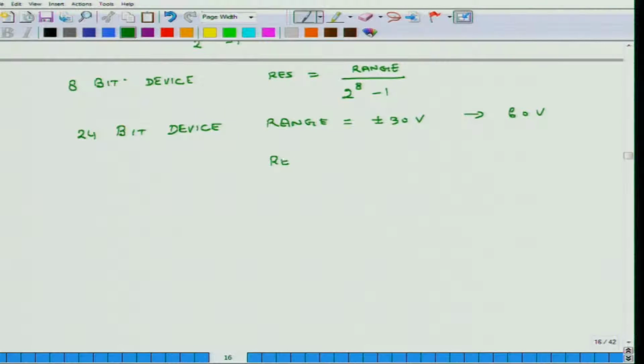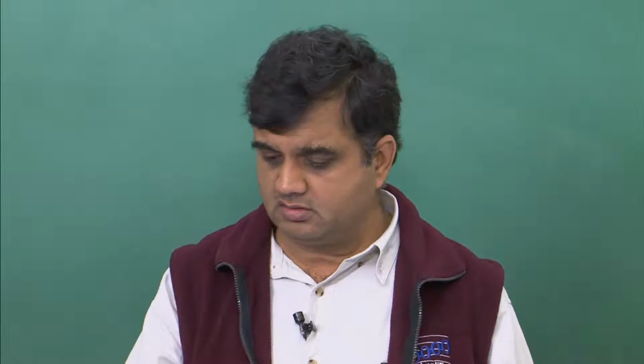So, resolution is equal to 60 divided by 2 to the power of 24 minus 1. Okay. And because this 2 to the power of 24 especially is extremely large, I can approximate it as 60 divided by 2 to the power of 24. If this number of bits was very small, then the 1 mattered, but now it does not matter.